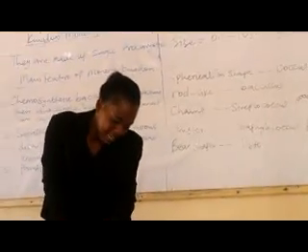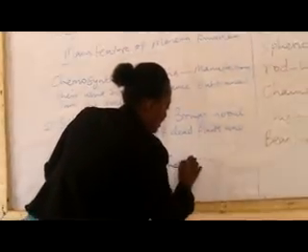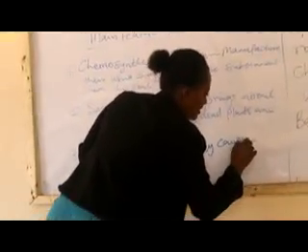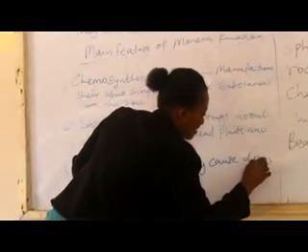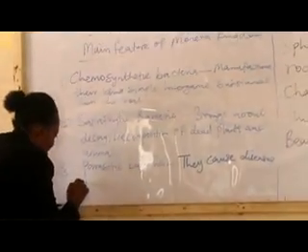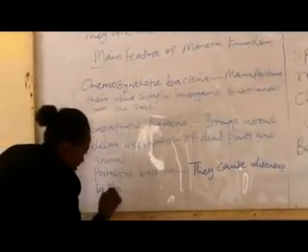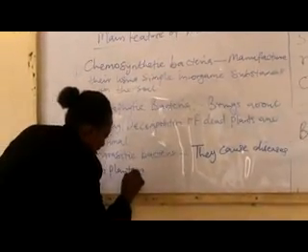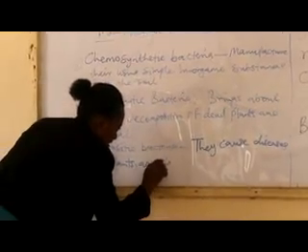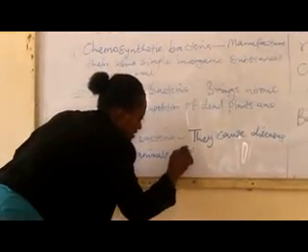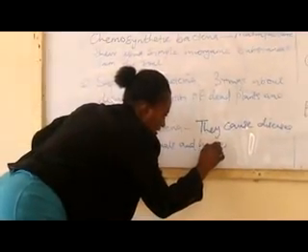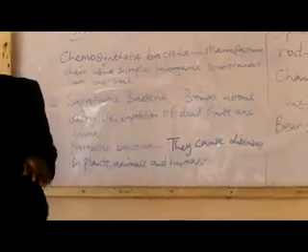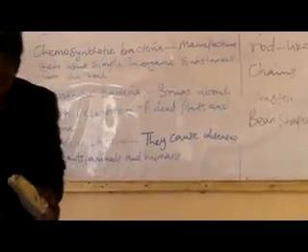So these are bacteria that cause diseases in plants, animals, and humans. So you see that we have classified bacteria on how they live.